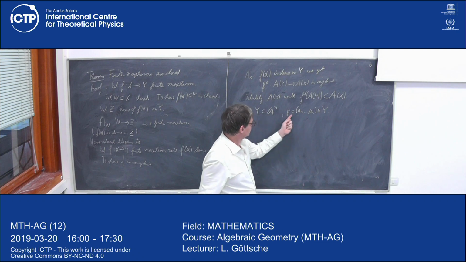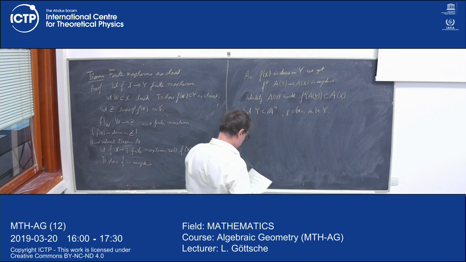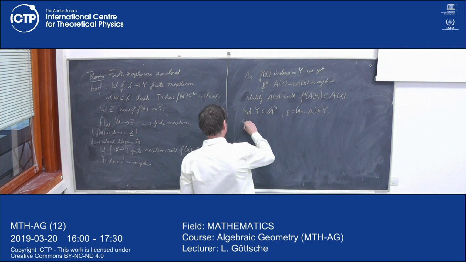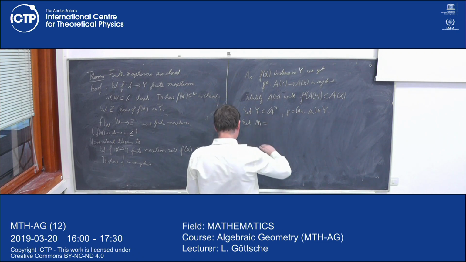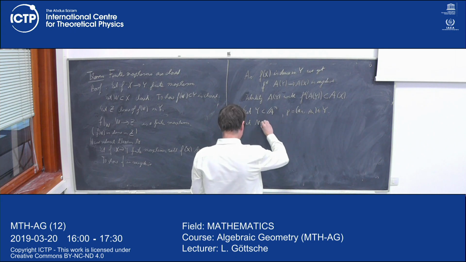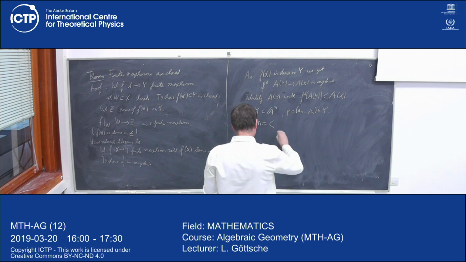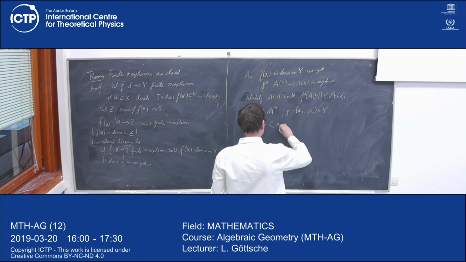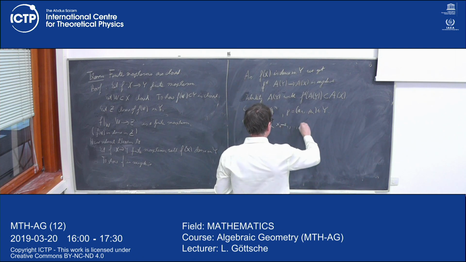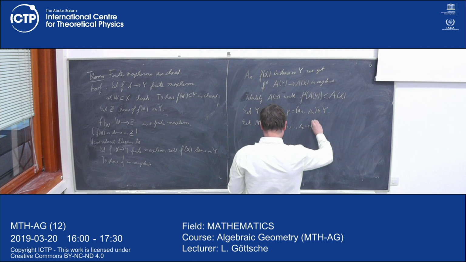So what are the functional values there? We take x1 minus a1, ..., xn minus an, and let M be equal to the ideal.